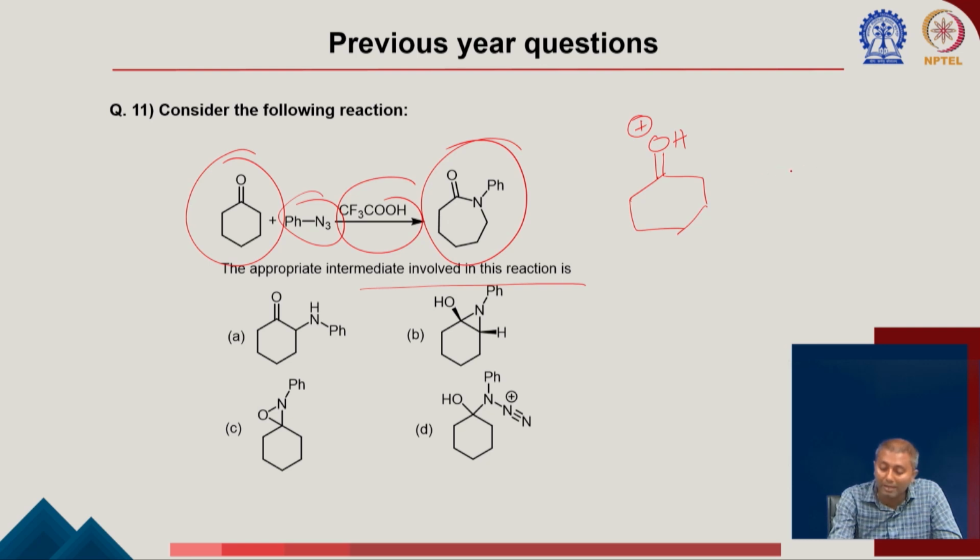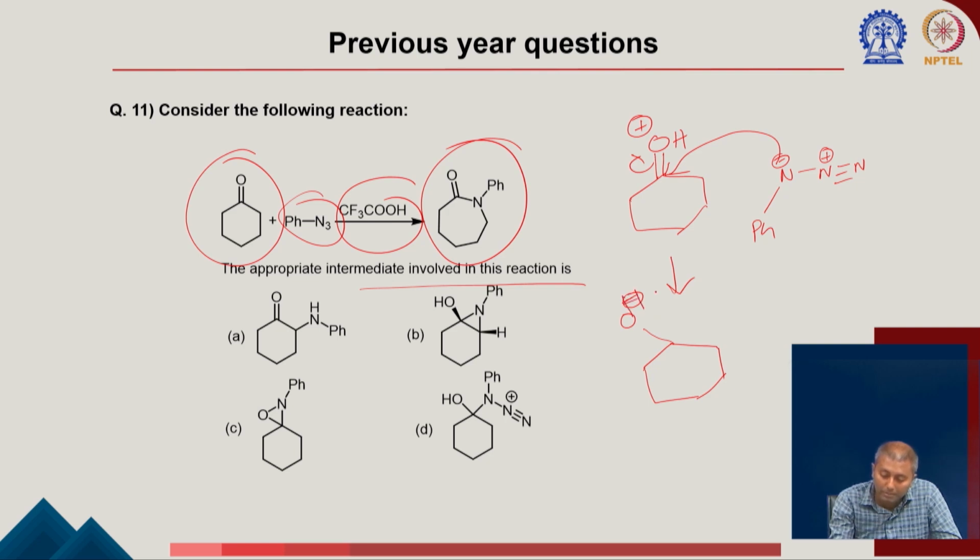Now, if you try to write the azide like this, instead of forming this bond here, I can write them as plus and minus, correct. Then this can attack here at the carbonyl.